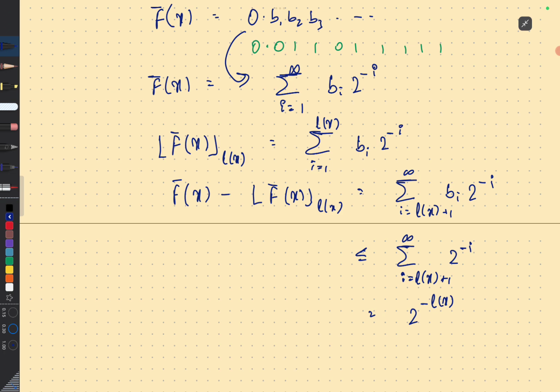I have to compute L of x, and then compute the code words using the same approach.